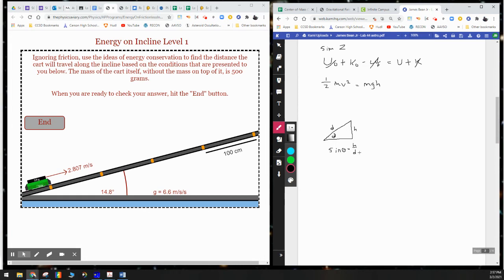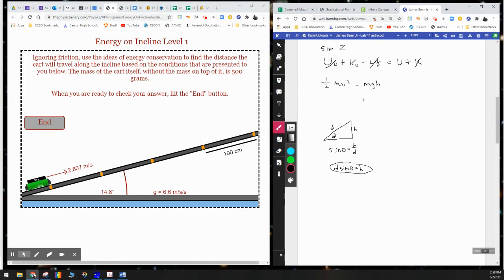Okay, now there is no h here, right? So let me solve this for h. If I solve this for h, I'll get d sine of theta is equal to h. So this is my ticket right here. Plus, I also want to find the distance it travels up the ramp.